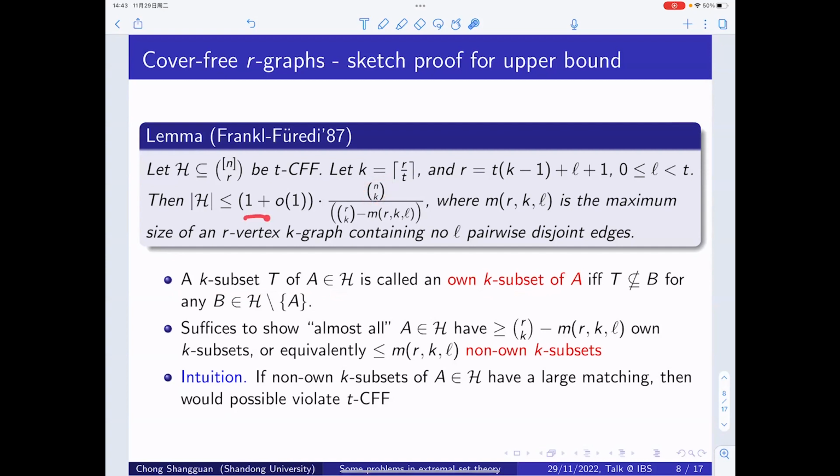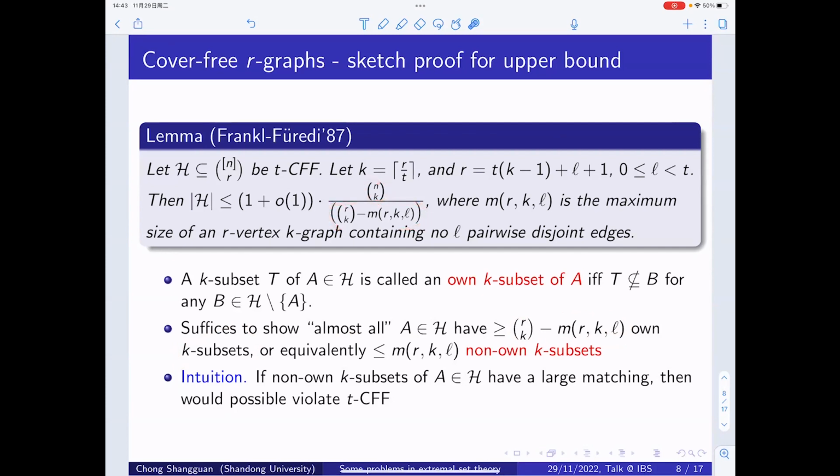So to prove this upper bound, it suffices to show that almost all edges A of H have at least r choose k minus m(r, k, l) own k-subsets, because this k-subset only belongs to A. So if almost all edges have this number of own k-subsets, the total number of edges should be bounded from above by n choose k divided by this number.